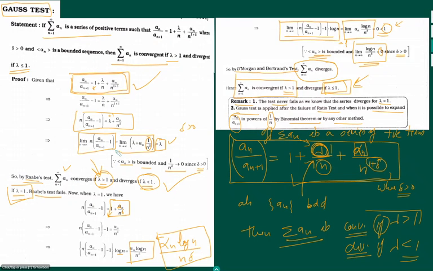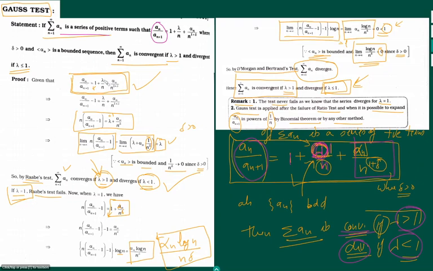And then we discussed the Gauss test. It says that if an is a series of positive terms, and an over an plus 1 can be written in this form, 1 plus lambda over n plus some terms containing higher powers of 1 over n, then the coefficient lambda decides the convergence. The series would be convergent if lambda is greater than 1 and divergent if lambda is less than or equal to 1.